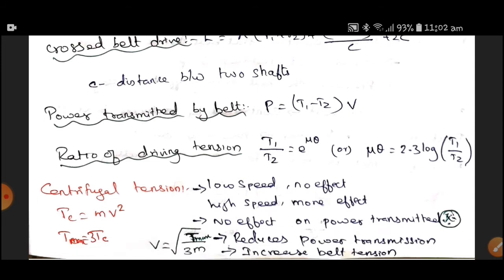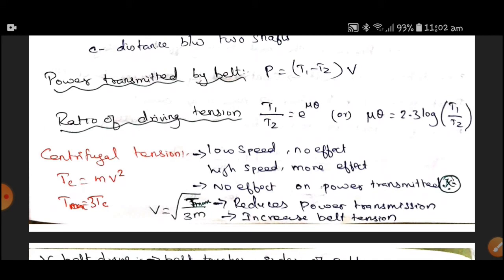Next is an important and interesting concept, that is centrifugal tension. Centrifugal tension occurs at low speed, it won't produce any effect. When it is at high speed, it will produce more effect. That is Tc is equal to mass into velocity square.